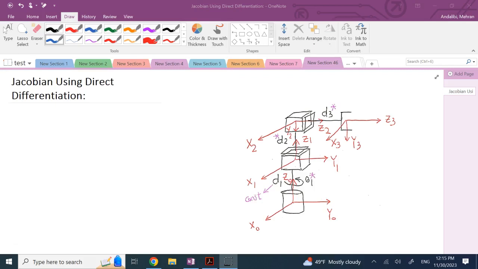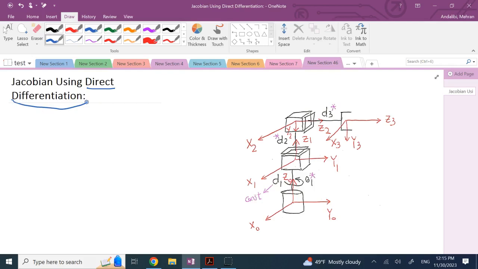But another way is, in simple robots, you should also be able to find the Jacobian by directly differentiating the position and the absolute angles of the end effector frame with respect to the base frame.